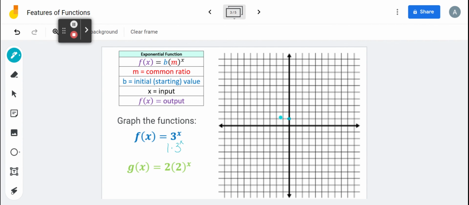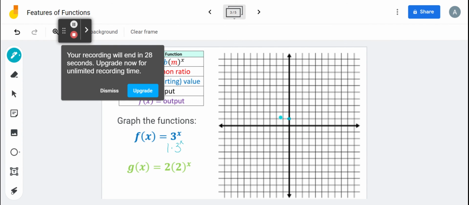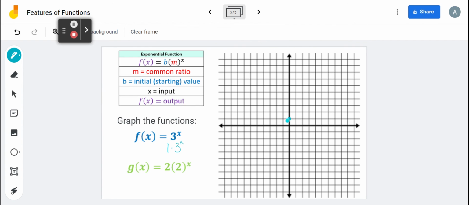Okay, and then here is being multiplied by 3. So 3 to the power of 1 is 3. So then we would get 3 here. And then this would give me 3 times 3 is 9.